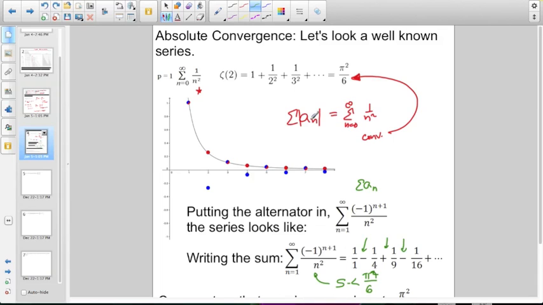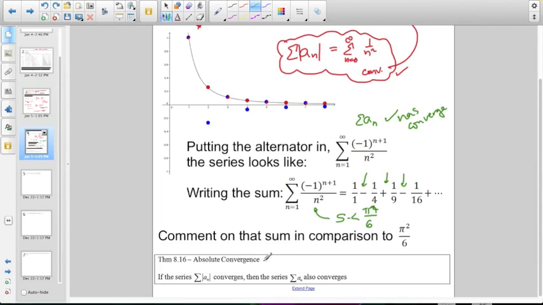So if we can show that the absolute value series is convergent, if we can prove that through a p-series test or whatever, then if we stick an alternator on that same a sub n term, this has to converge. And we can conclude that even without doing the alternating series test, because this has to have a sum that is less than this sum. And we know this sum.